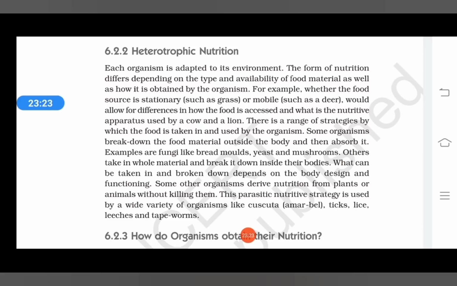Some organisms take food which is already converted into energy, so there is no need of conversion. But some organisms take food and then convert it into the required format of energy inside their body. And some organisms derive nutrition from plants and animals without killing them, meaning they remain on the body or inside the body to get the nutrition.